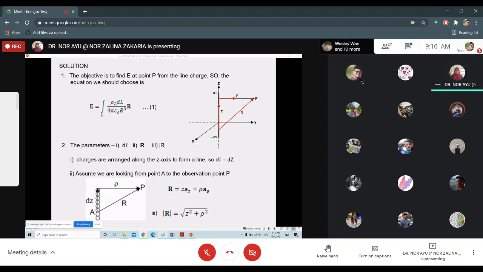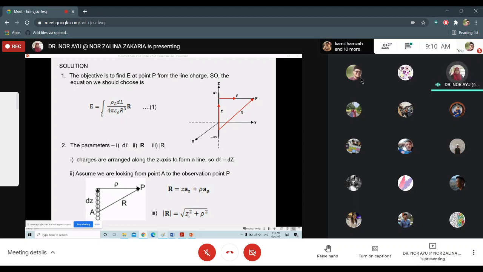Alright. Okay, so from there you need to find the magnitude of R. So that magnitude will be again, this is Z squared plus dengan rho squared and square root the whole thing. Okay, sama macam before. So the magnitude is just kamu dapatkan yang depan ni saja.